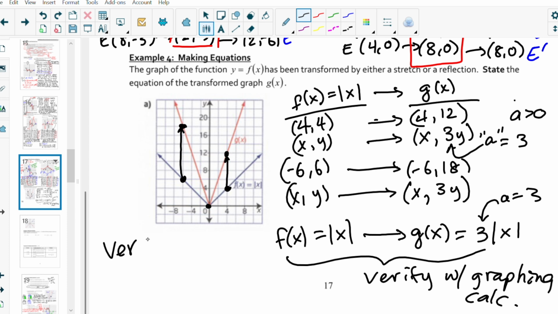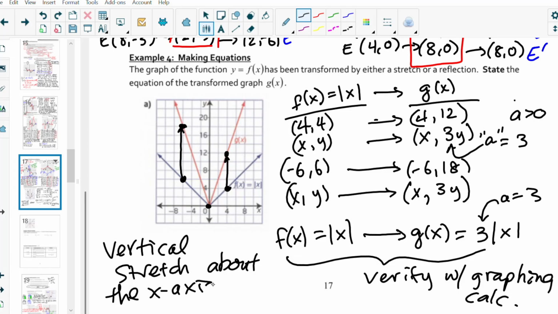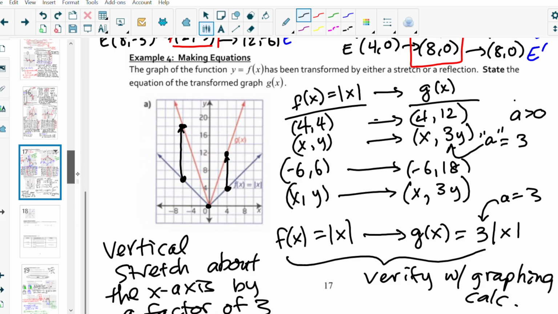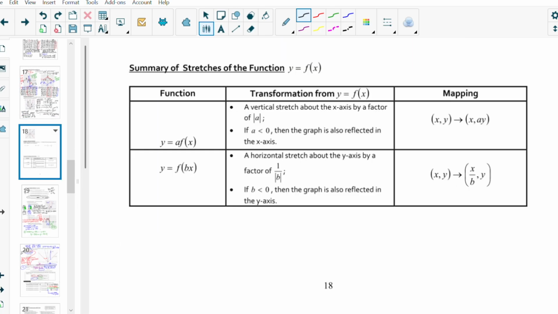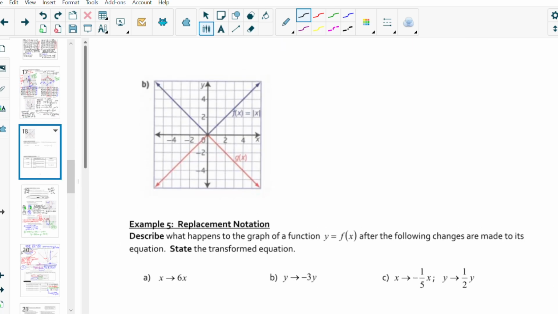Okay, let's describe this. This is a vertical stretch about the x-axis. Let's be very specific, by a factor of 3. Next page.